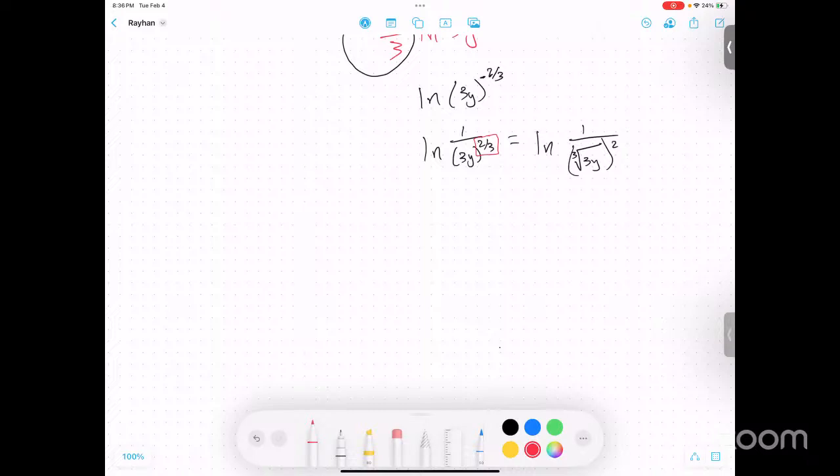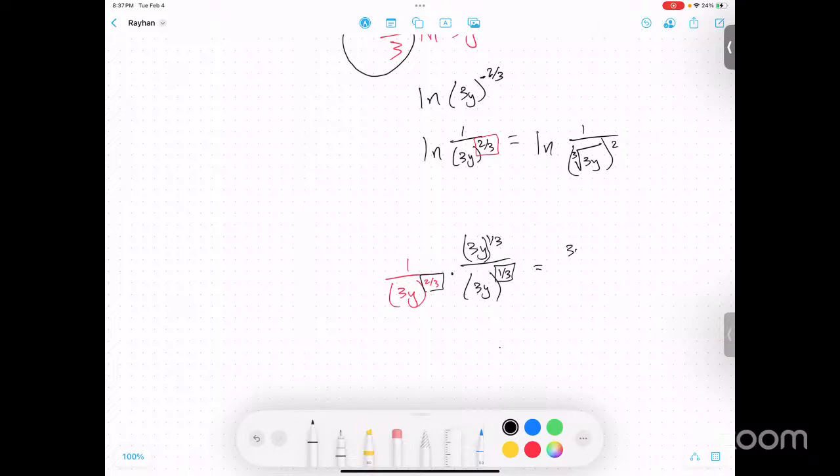So what you would have to do is take 1 over 3y to the 2/3 power, and multiply that by 3y to the 1/3 power, so that these add together to make 1.